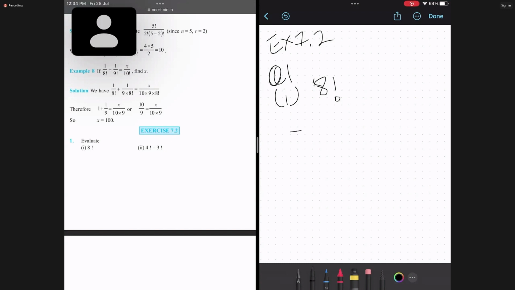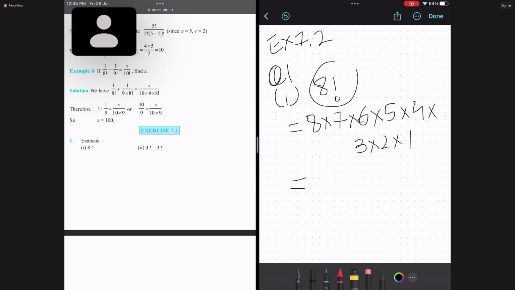So 8 factorial is nothing but 8 into 7 into 6 into 5 into 4 up until 3 into 2 into 1. Correct. So that is what 8 factorial is, and it can be denoted by this symbol right here. And if you are to go on and actually solve this, you would get your answer to be 40320. Correct.